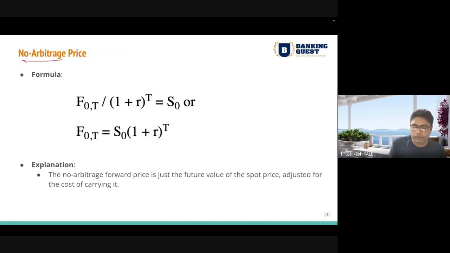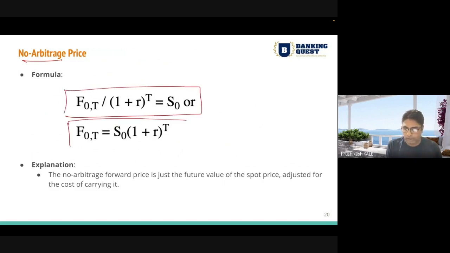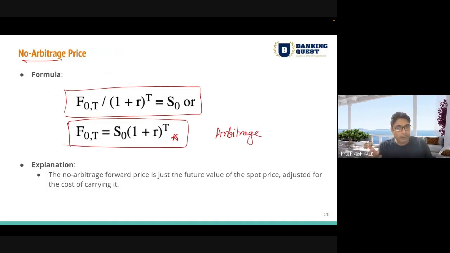For a no arbitrage price, this should hold. And if it doesn't hold, which is our simple formula to calculate future price, then there is an arbitrage opportunity available. So whatever is greater, you sell that, and whatever is cheaper, you purchase that.